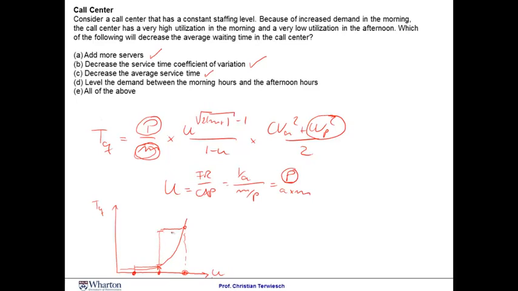And so you notice that on average, it's nice to actually have a constant level of utilization as opposed to having half of the customers get a really high level of utilization and half of the customers a really low level of utilization. So leveling the demand, because of this convexity, the steep increase in the waiting time as a function of u, will be a good thing. And thus we can check option E, all of the above.